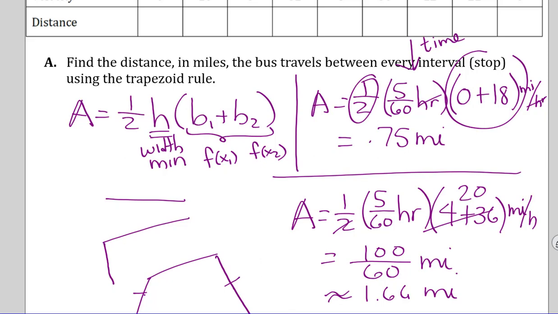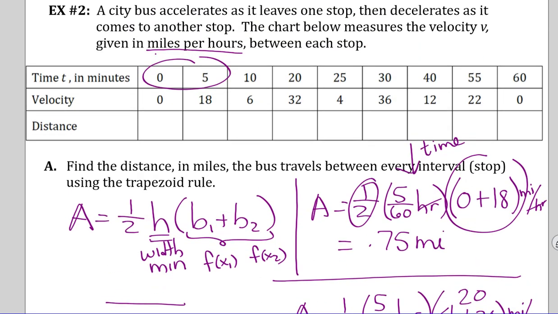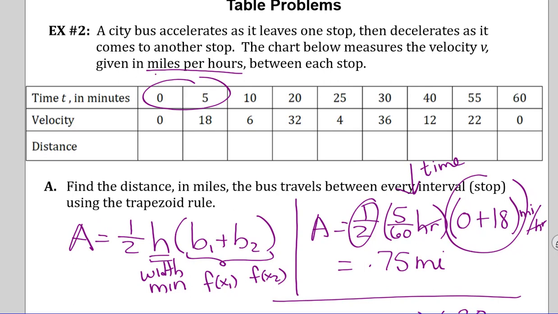All right, so I'll go ahead and fill in the rest of the values. You can try out a couple more on your own, but you should get, of course, at the beginning, we've not traveled anywhere. By the time we get to 5 minutes, it's 0.75 miles, and here are the remaining values.